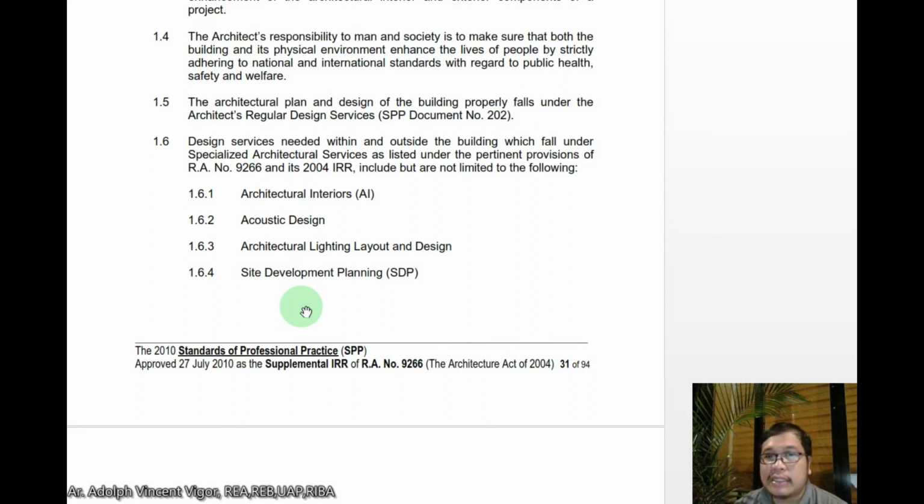Then you have acoustic design. I think, class, that you've already finished your acoustics. Part of the general scope of architecture or specialized design is acoustic design. You design, for example, a theater. I hope you're still familiar with one of the most perfect theater designs in history, the theater of Epidaurus, which was carved from a mountain and has almost perfect acoustics.